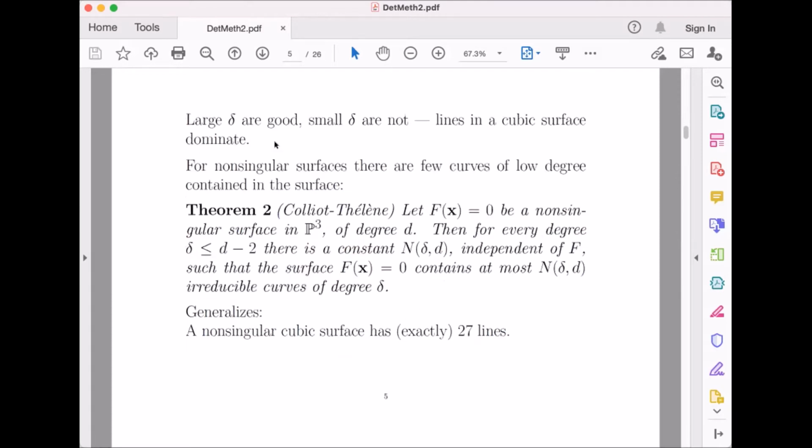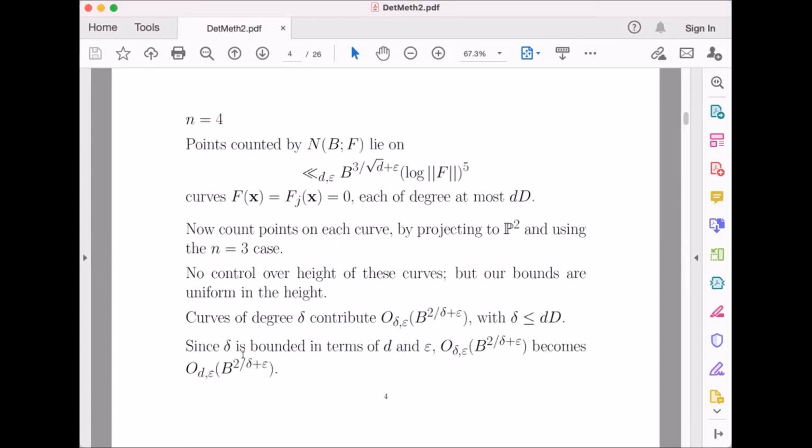Well, large values of delta are good and small values of delta are not. Let's just look back at that bound. The exponent is 2/delta. So if delta is large, we get a very tight bound. And if delta is small, if it's only 1, then this is rather a large bound. Now, sadly, we have a nice upper bound on delta, but we don't know how small delta might be. So this curve is not necessarily irreducible.